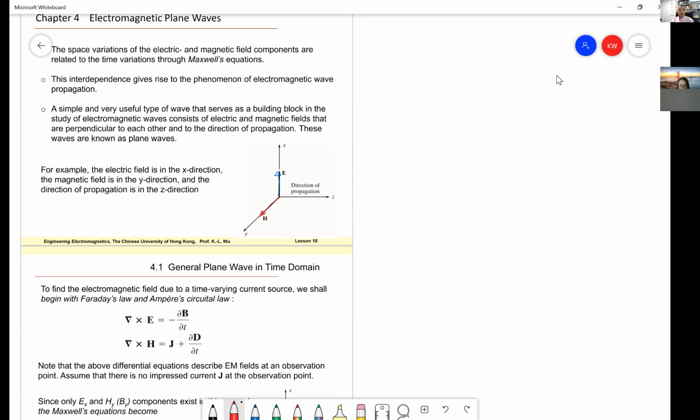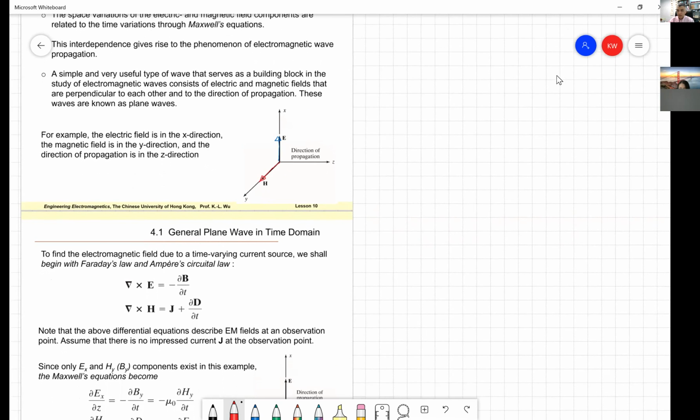If the Maxwell equations tell us you can find a solution for such a scenario where Ex and Hy both exist, then that means this is possible, right? If you couldn't find a solution, then let's find some other solution. Let's discuss this case to solve Maxwell equations.